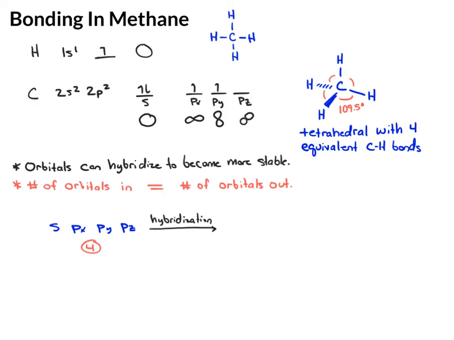And in this case, all 4 of these mix together. So if you take something that's 1 part s, 3 parts p, you get sp3. That's our hybrid orbital. But that is just 1 orbital. If we start with 4, we need to end up with 4. So we end up with 4 sp3 hybrid orbitals.